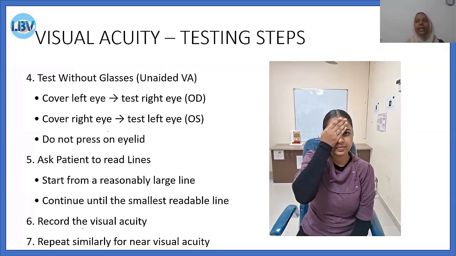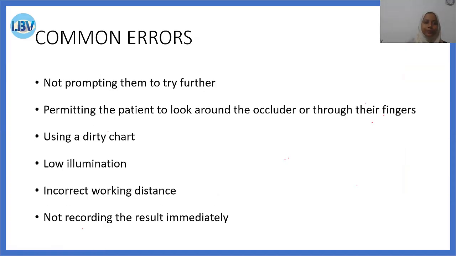You do not think, the right eye it was this, no, I will do the left eye test and then I will record it. Many times you get confused and then you will be guessing what the visual acuity was. Each letter counts, so always remember. Whenever you have taken the visual acuity, you record it immediately. And then you repeat similar steps for the near visual acuity also.